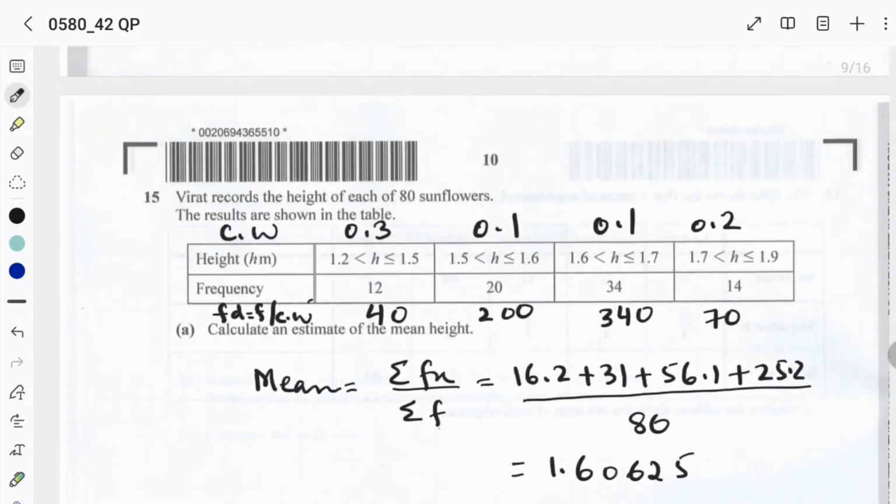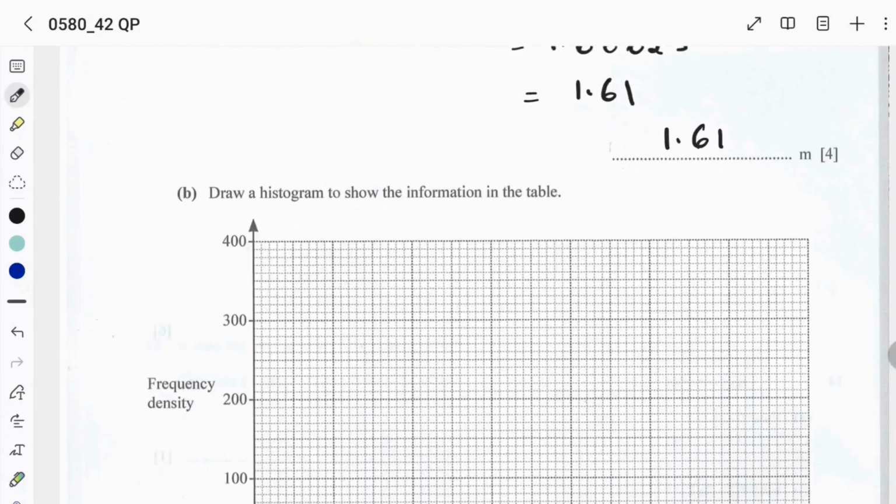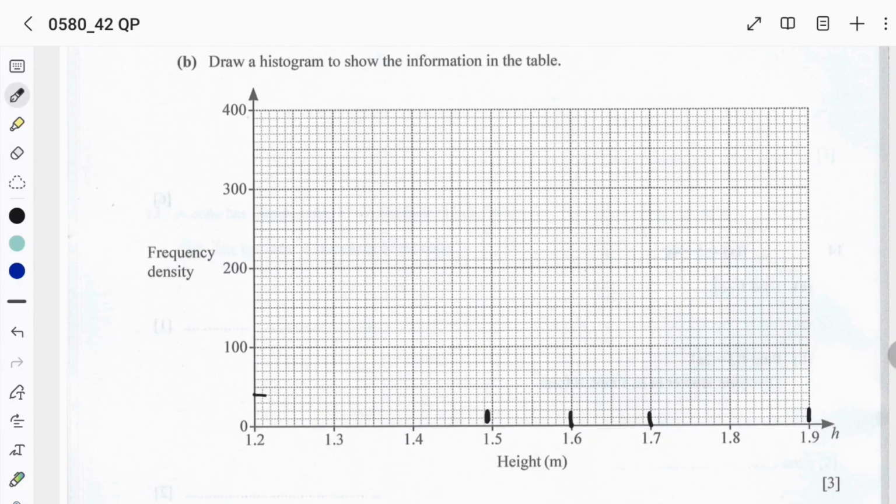Now I'm going to make the first one up to 40. So 40 is up till here.